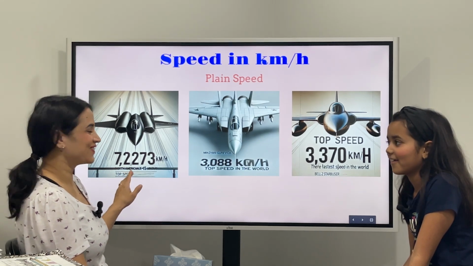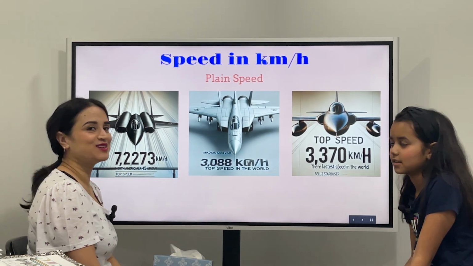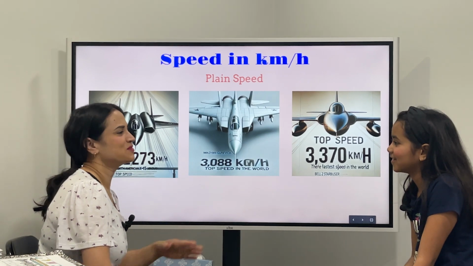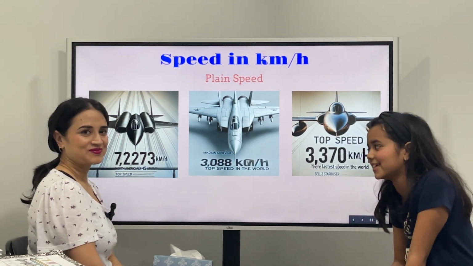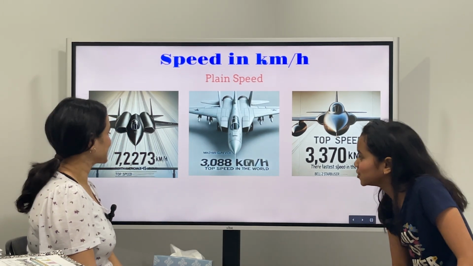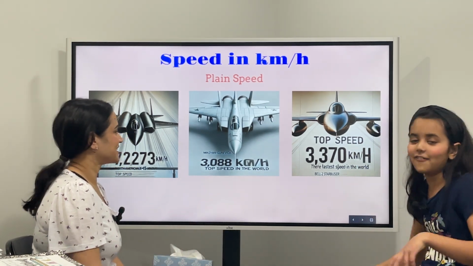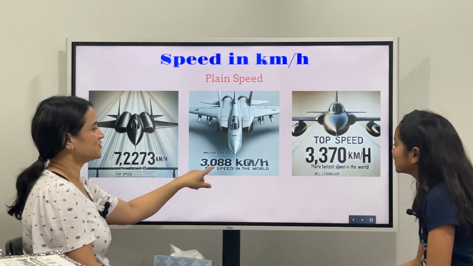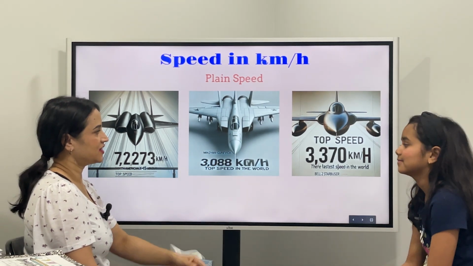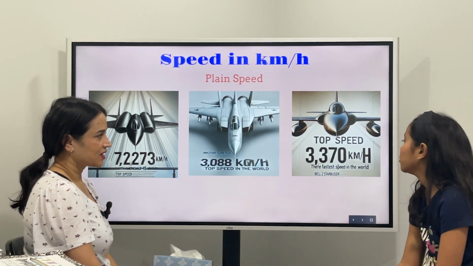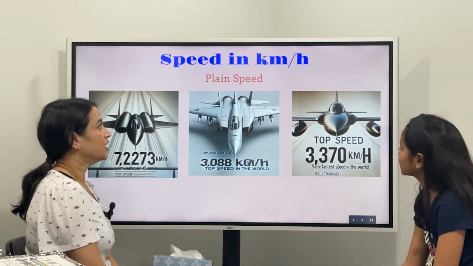Okay, 7,200 and something. The second one is 3,088, and then the other one is 3,370 kilometers per hour. Okay, good.